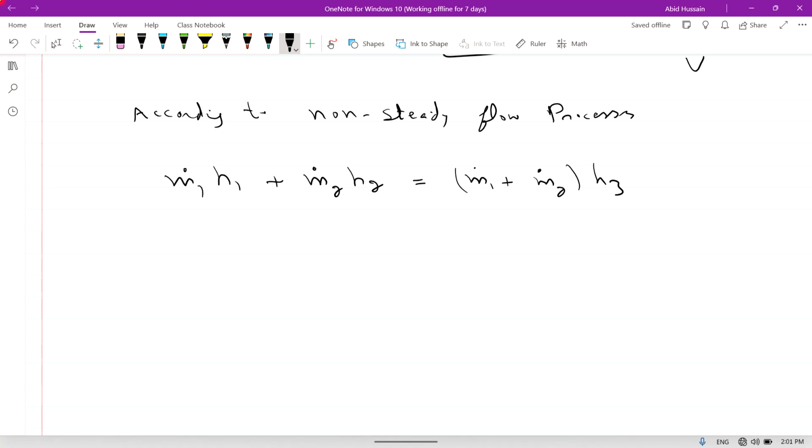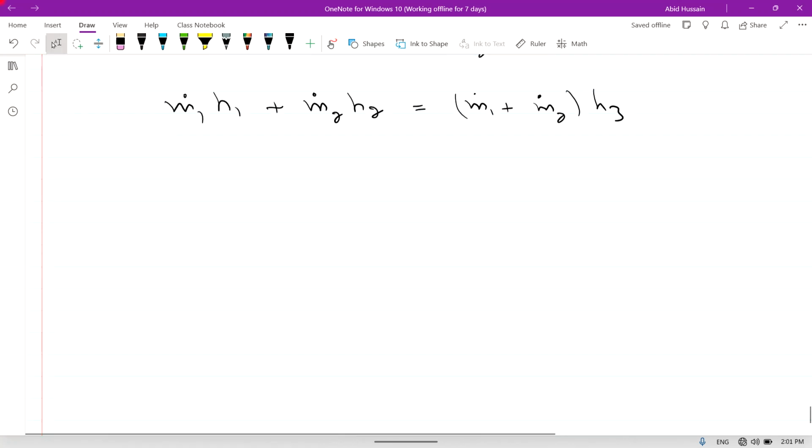Basically m1 dot is the mass of superheated vapor, the mass of wet vapor in the wet region is m2 dot, and h1 is the enthalpy of superheated vapor, h2 is the enthalpy of wet vapor, and h3 is the enthalpy of dry saturated vapor.